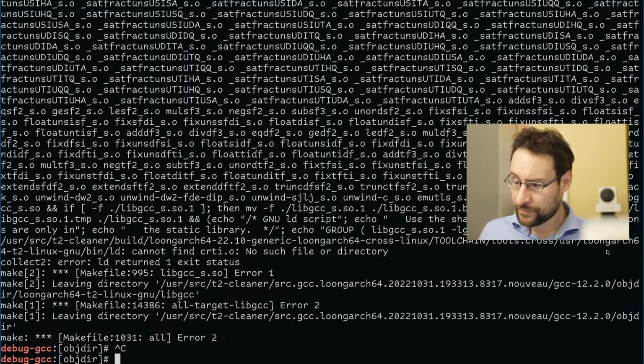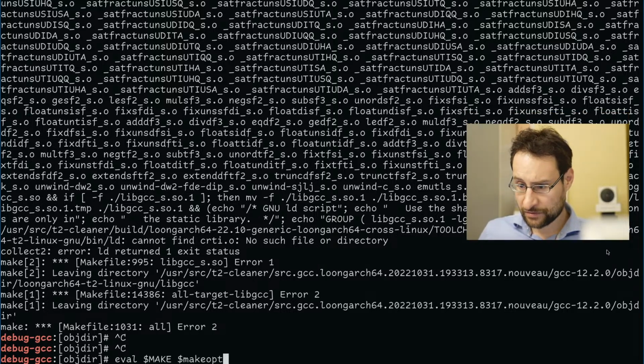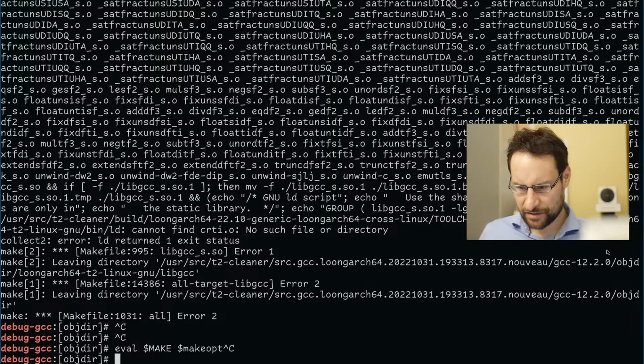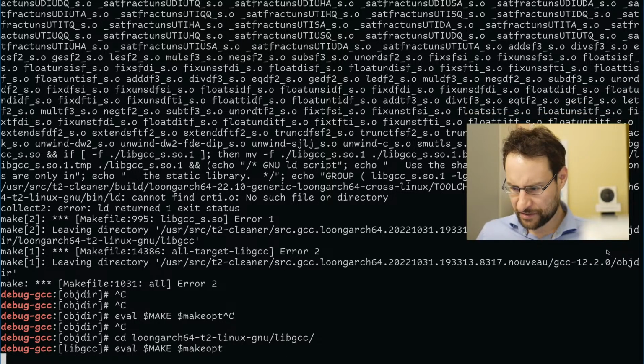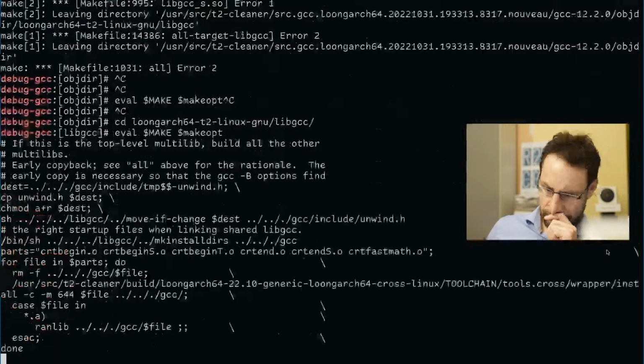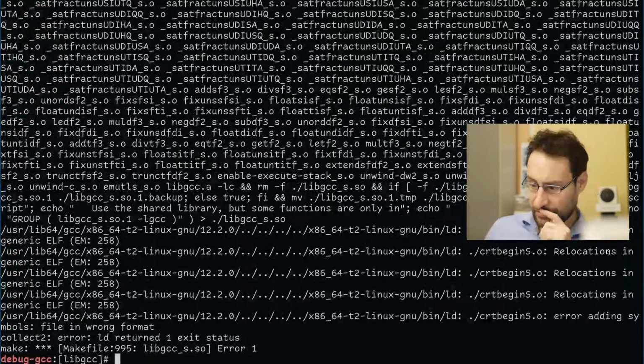So, did I build that? Apparently, the question is, so that is LoongArch. Why is there another error when we built it this way? Or is it?